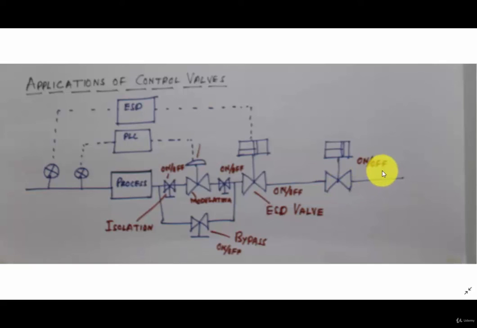This is also an on-off service valve. Like that we will have many applications of valves in the pipelines. We will discuss mainly the modulating service, which is a part of our instrument control loop, and the construction also we will discuss next.